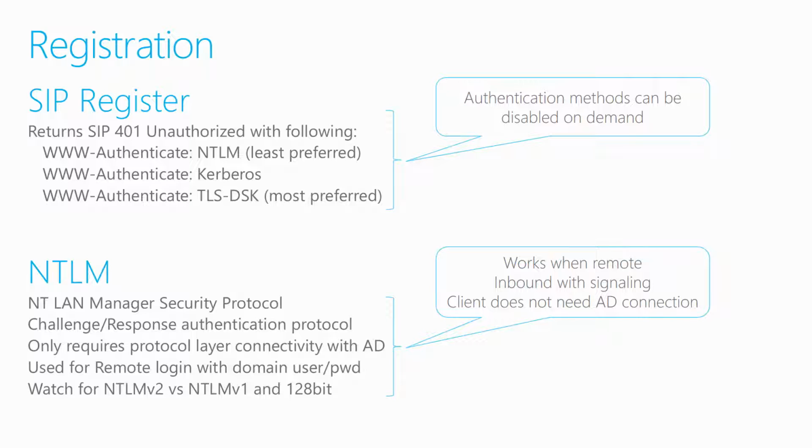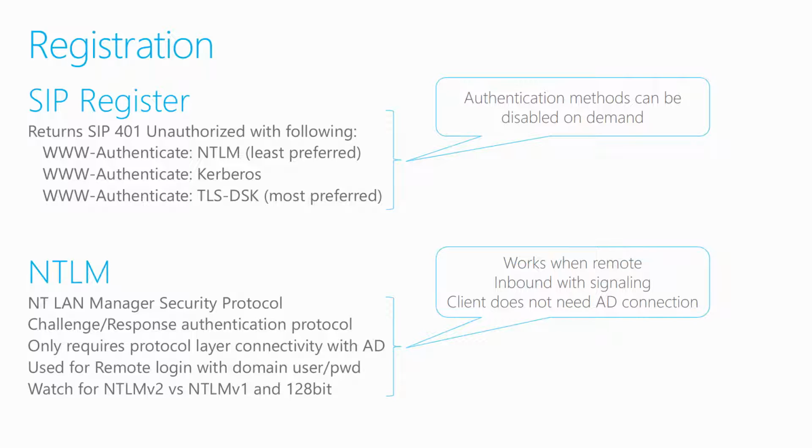Okay, the first one we want to look at is NTLM. It's the NT LAN Manager security protocol, and it's basically a challenge response protocol. The nice thing about it is that it only requires protocol layer connectivity with AD, so we don't need a direct connection from the endpoint to the Active Directory. Remember, we have a lot of users, potentially, who connect from the external network over the edge server, so they are not connecting directly to a domain controller.